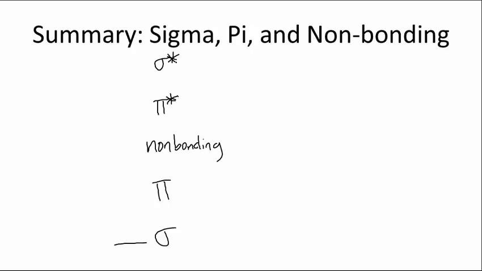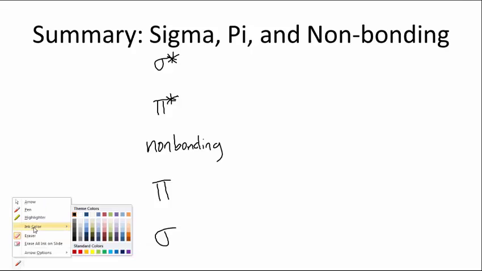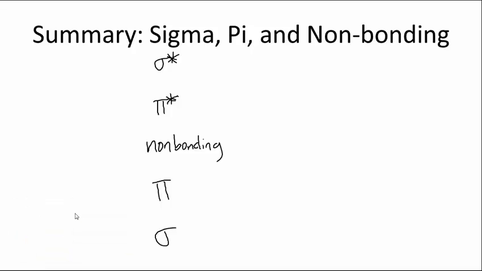So the summary is that in general, we have sigma, we have pi, we have non-bonding, pi star, and then sigma star. And that within each category, we split them based on electronegativity.